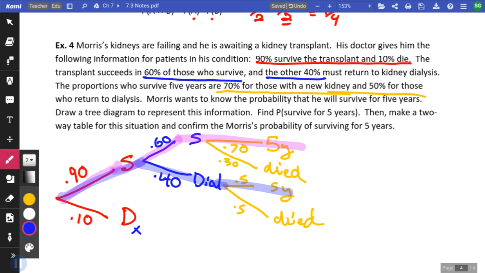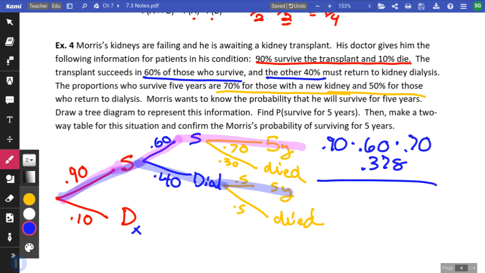Path 1 was 0.9 times 0.6 times 0.7, which is about 0.378.